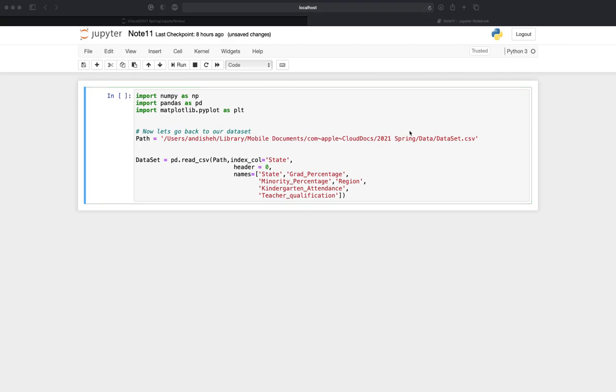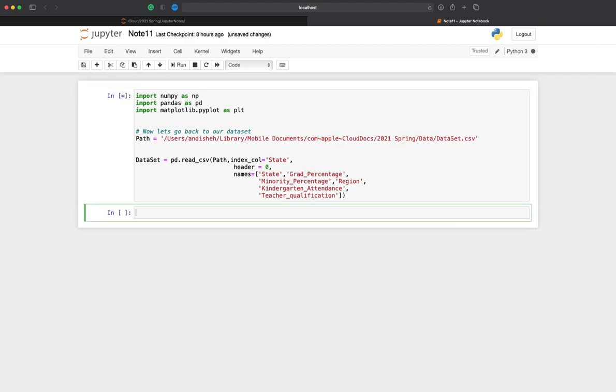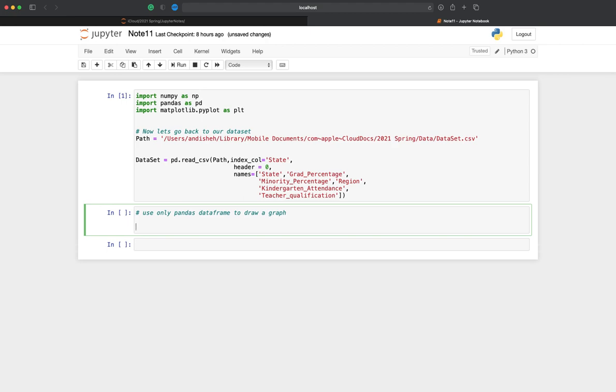Okay, so now I'm going to use only the Pandas data frame to draw a graph in here.